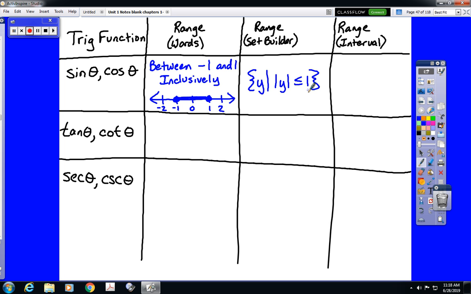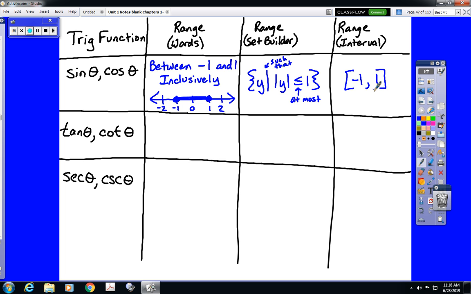We would state y, and then this symbol means such that the absolute value of y is at most 1. And then in interval notation, that's what we wrote on the previous page.